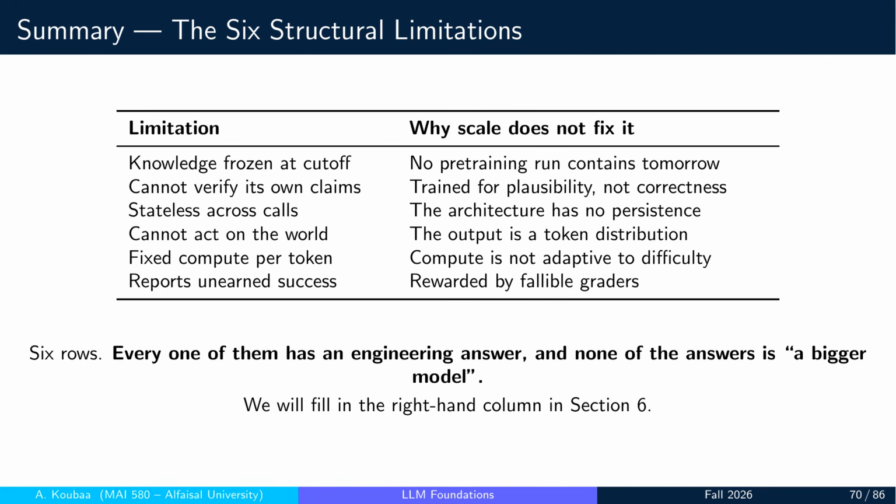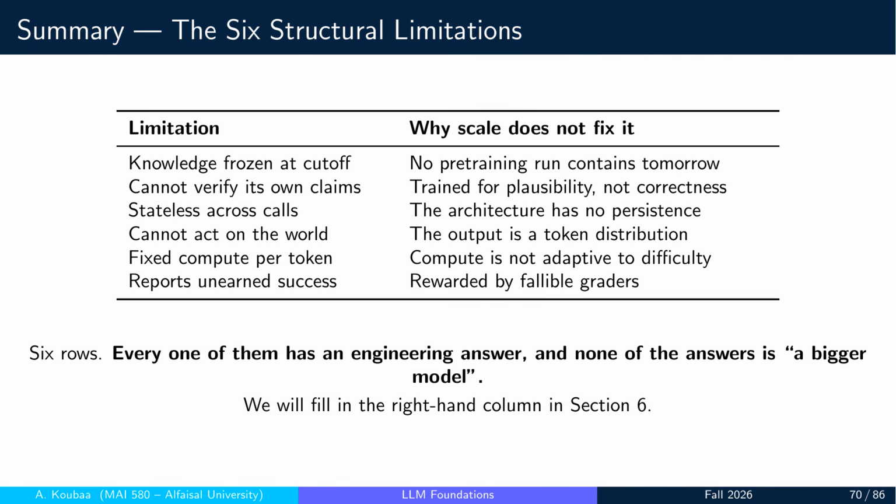Fixed compute per token, because compute is not adaptive to difficulty, and reports unearned success because it's rewarded by fallible graders. Now, read the right-hand column again as a group, and tell me what is not there. Exactly. Not one of those reasons is about size. Every single one is about what the system is.